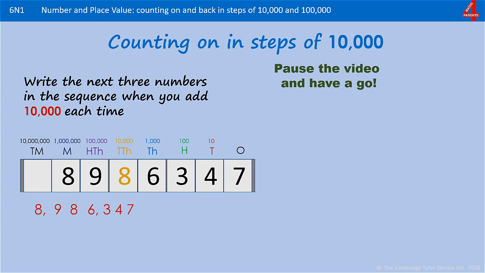The next one again isn't too tricky because it's just that 10,000 that will go up, and that will go up to 9. So your next number is 8,996,347. Your next number, however, is where you need to cross into the next boundary, into the 100,000s.